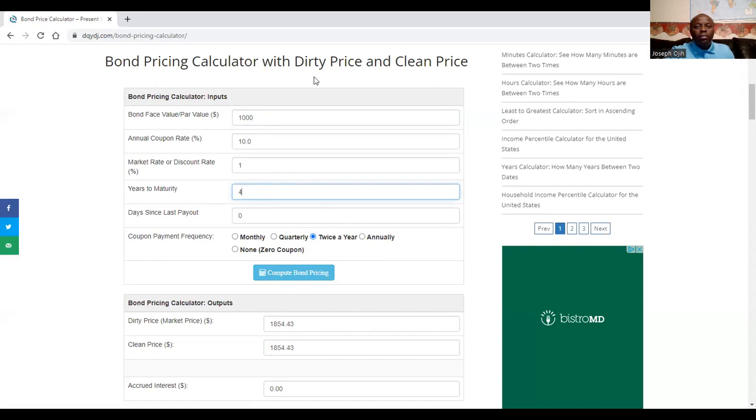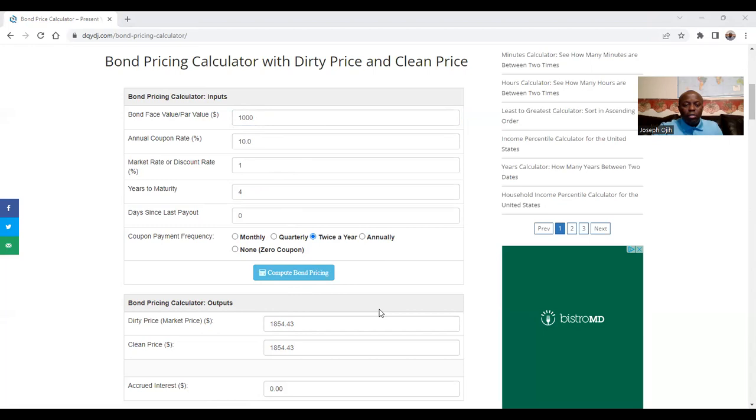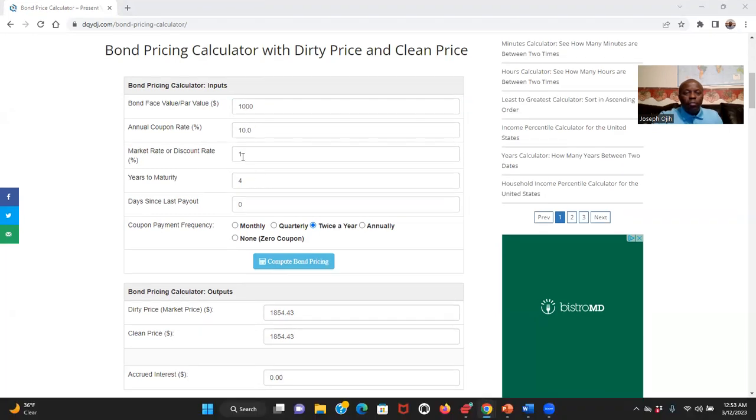Let me make sure you're seeing this. Yeah. So the answer will be placed in this section. So if I say at a rate of 1% interest rate, if you compute the bond price, that's the value of the bond, you see that it is $1,352.03.